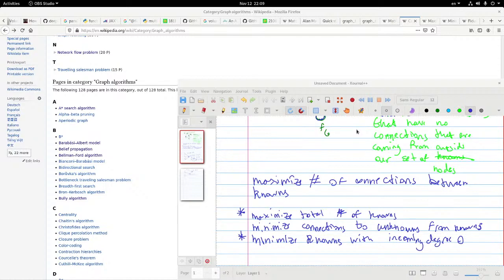And what is also a good thing is having, oh yeah, okay, so to my knowns, I want to increase the degree going to my unknowns as much as possible.